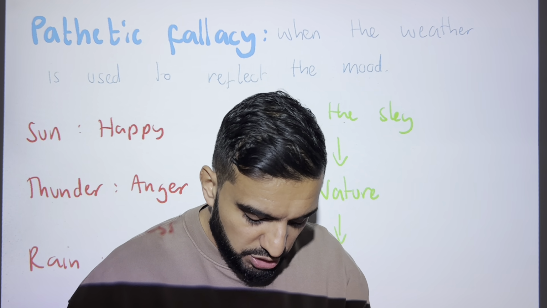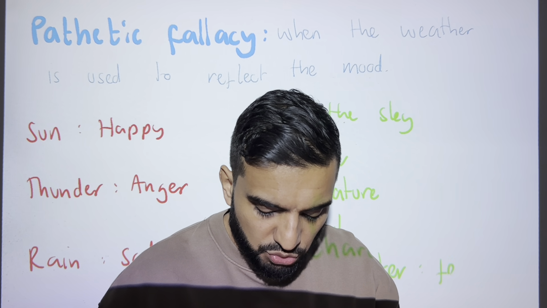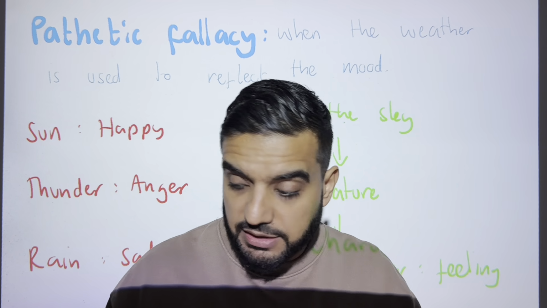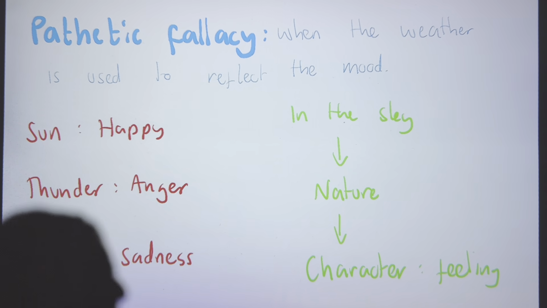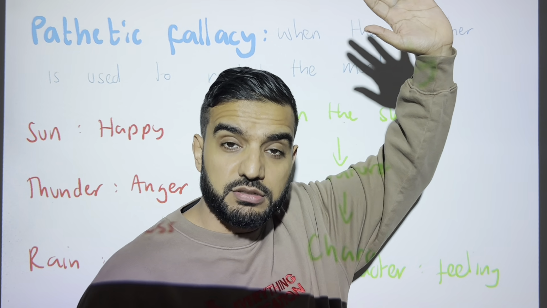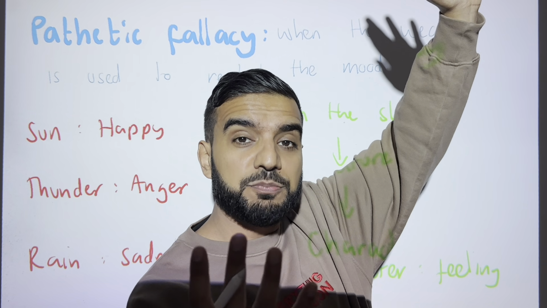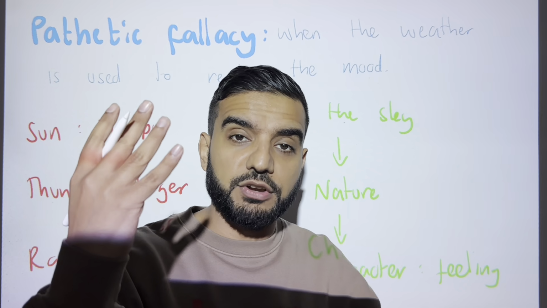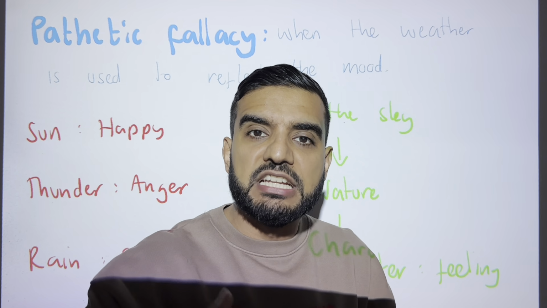I want you all to end up on the character, and talk about their feelings. Can you guys see that? We're going to go from the sky to the aspect of nature to the character.